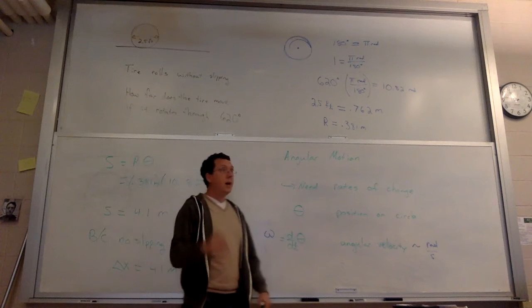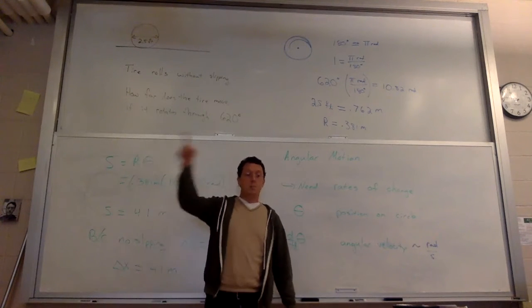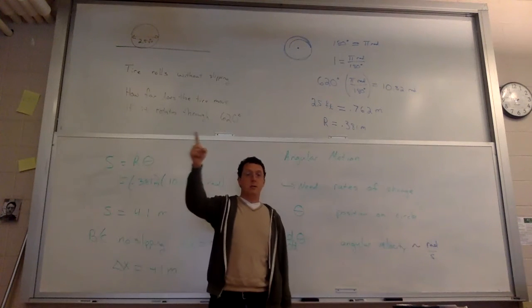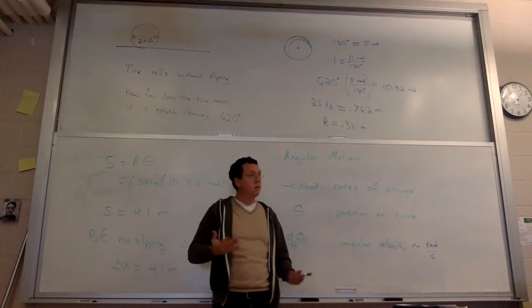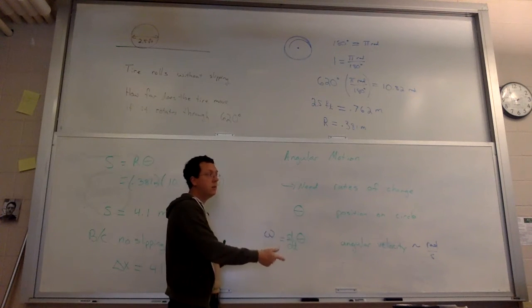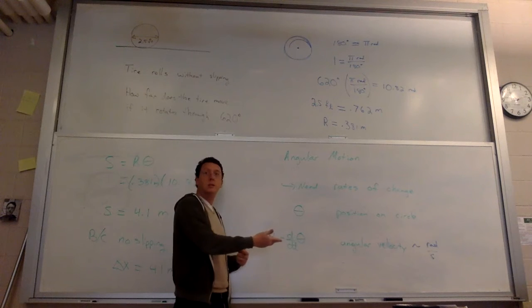What if I wanted it not to go around at a steady speed, but to start slow and then go faster, faster, faster? Well, that's a rate of change of the rate of change, a second derivative.